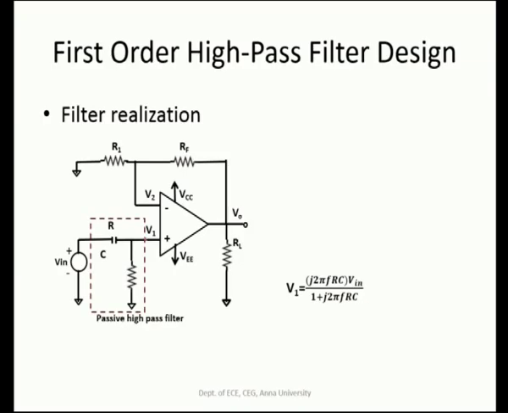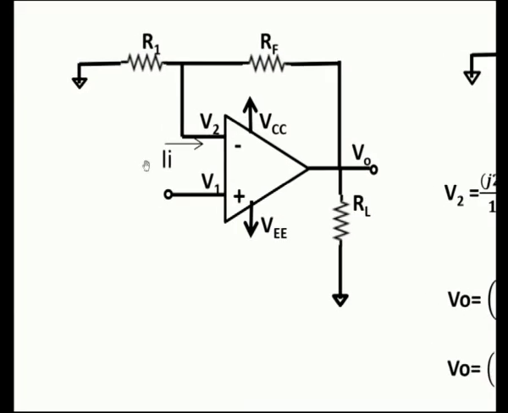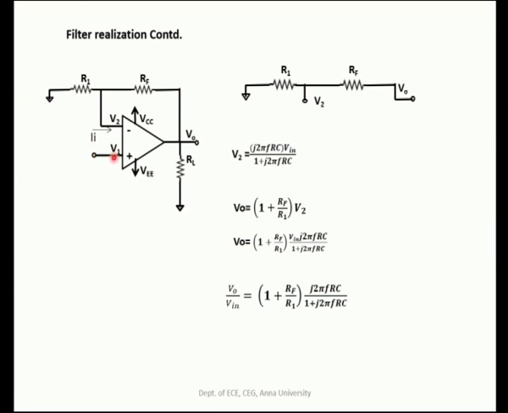This V 1 is amplified by the amplifier, and finally we get V out. V 1 is what we have seen in the previous slide. In this configuration, V 1 is this terminal, and the current drawn by the op amp is 0, and the gain of this amplifier is infinite.